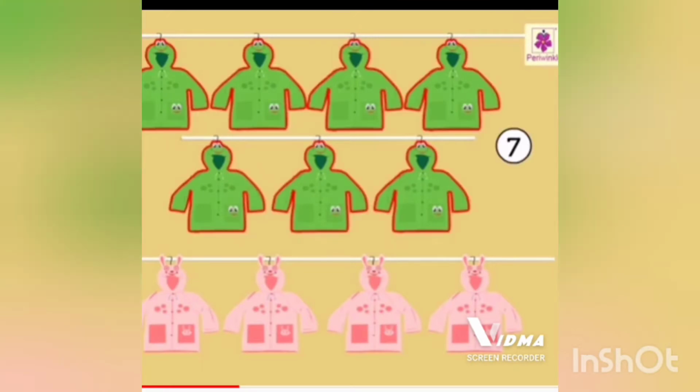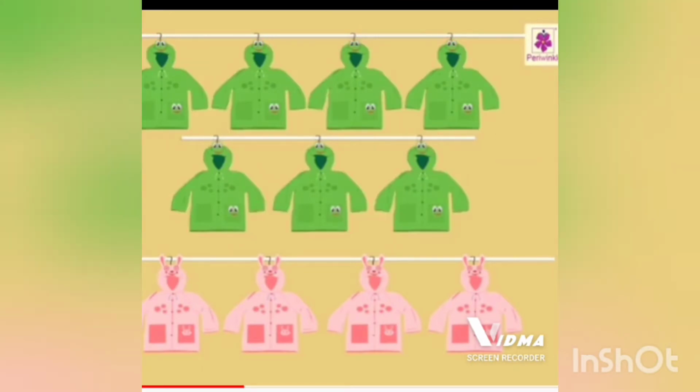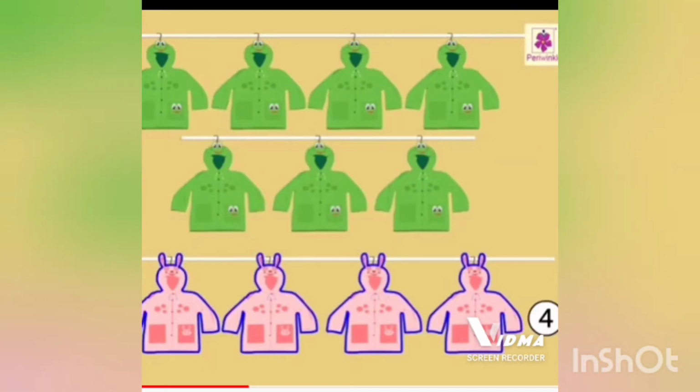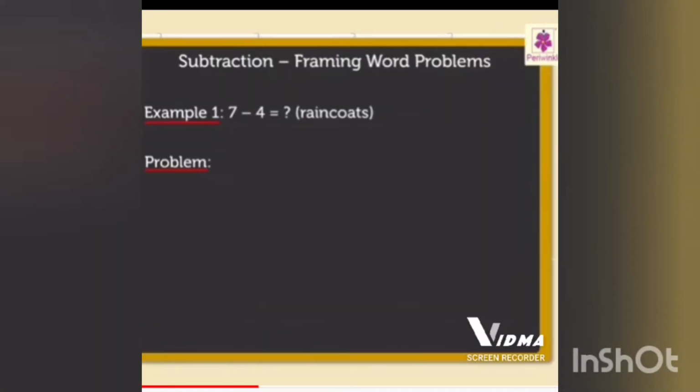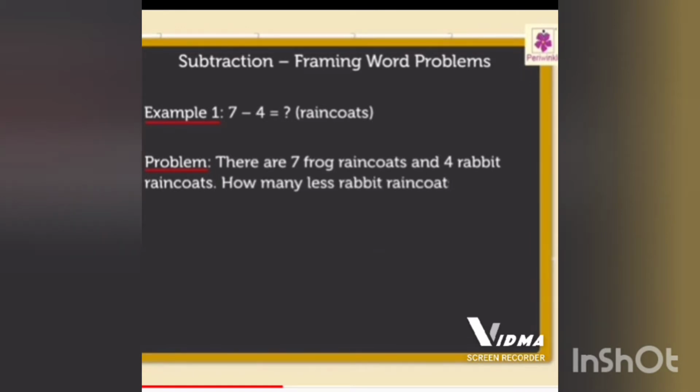Look, there are 7 frog raincoats and 4 rabbit raincoats. So, we can frame a word problem as: there are 7 frog raincoats and 4 rabbit raincoats. How many less rabbit raincoats are there than the frog raincoats?